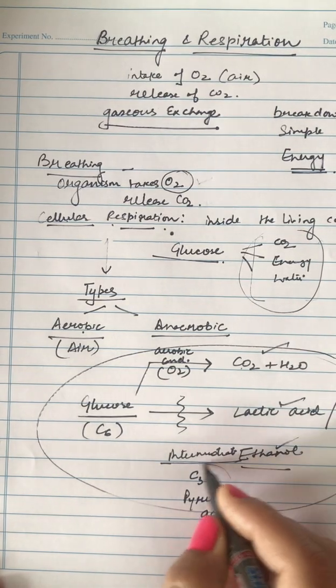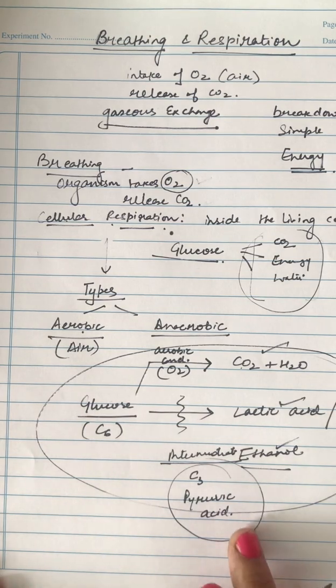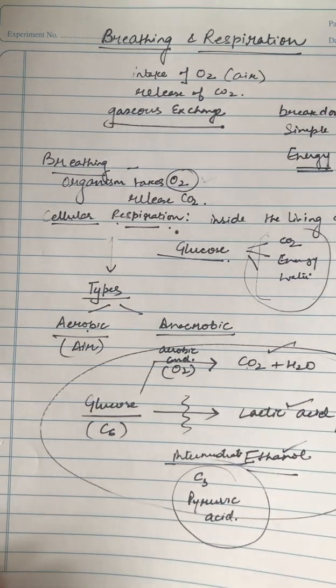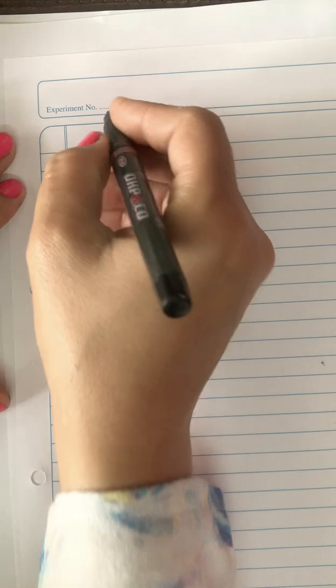So the formation of a C3 intermediate is always required in the process of cellular respiration. Taking up the process of respiration, the fate of glucose during respiration.